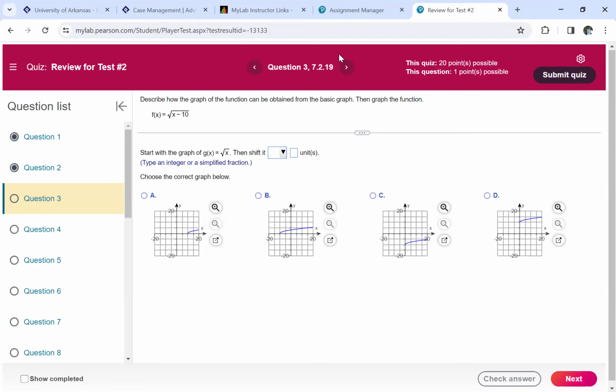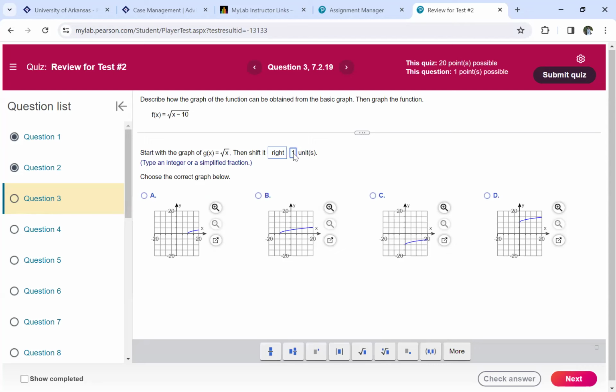Now, remember, since that 10's being subtracted from the x, and it's all up under that radical, that's actually going to move us right. So you would click the box and put right, and then it was 10 units. So you put in the 10, and then it wants to choose one of the graphs below. So now you can graph this on the calculator, I'll show you. But remember, it moved it right 10 units.